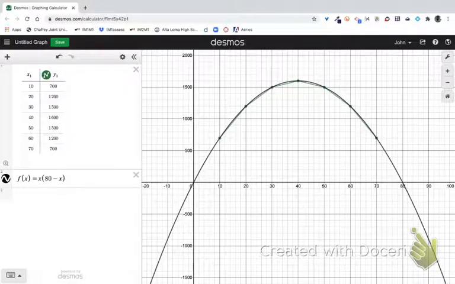Length times width gives me the area, and yet again, when the sides are 40 feet each, our area is 1600 square feet. So hopefully this helps. Again, I would encourage you to use Desmos as necessary to be able to refer back and just reference that. Just go back and check to make sure, is my work correct? Let me know if you have any questions.